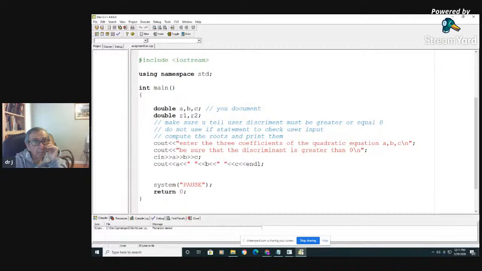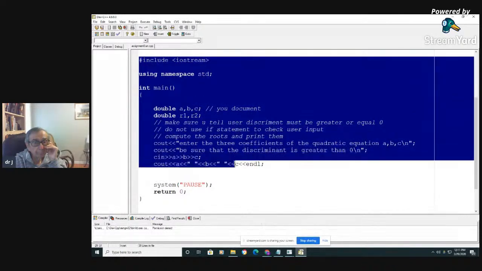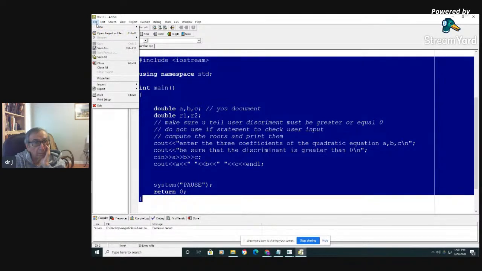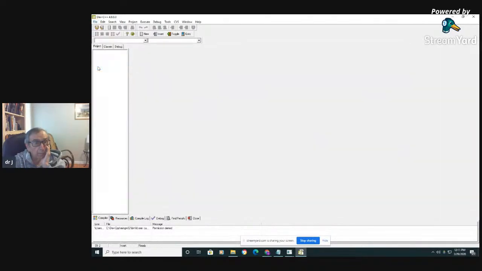I'm going to do something very desperate. Control C. Close everything and make a new one. This looks strange though. It shouldn't be dark like that.